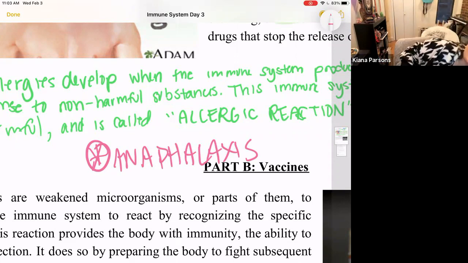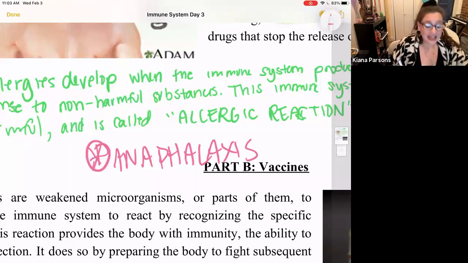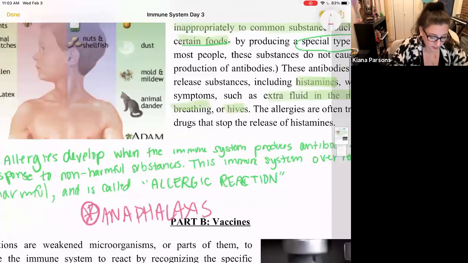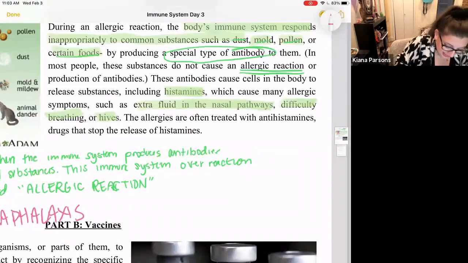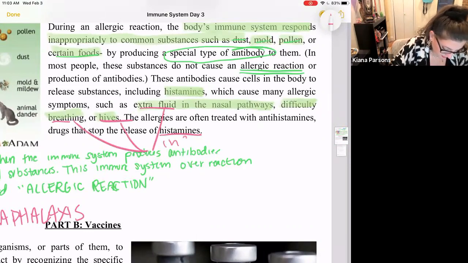So in general, right, an immune system response typically includes inflammation. In the case of an allergic reaction, these histamines are causing inflammation, fluid in the nasal pathways, difficulty breathing, and hives. That's all inflammation.